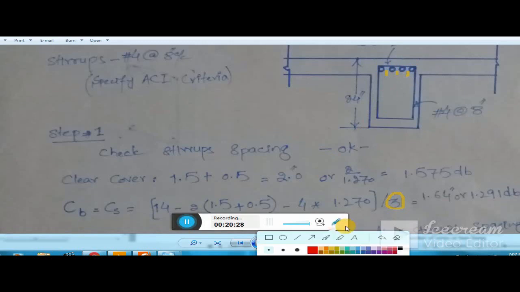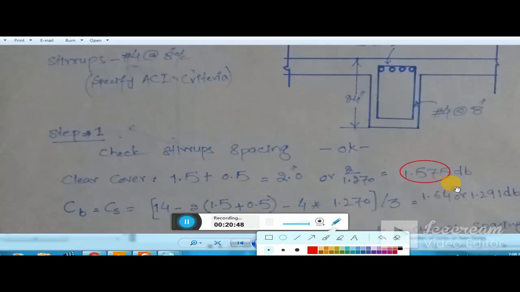What we have to determine next, remember this point, as we got 2 inches, so divide that 2 inches by the bar size, that is 1.27, the diameter of the bar, and you get 1.575. So what does it mean? I will show you the main purpose of this.